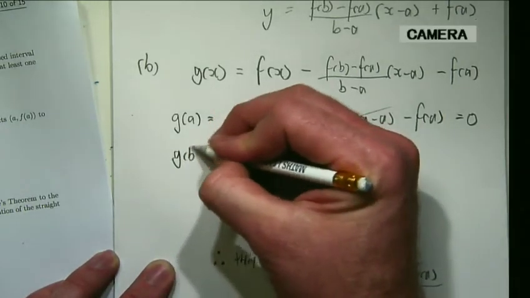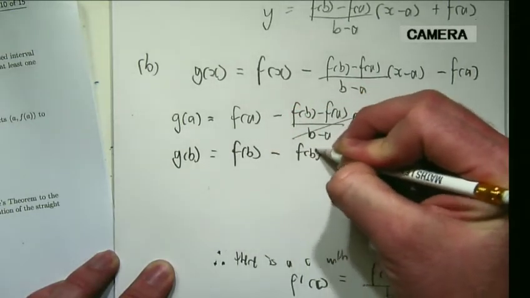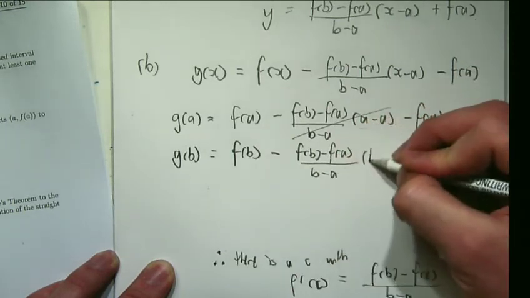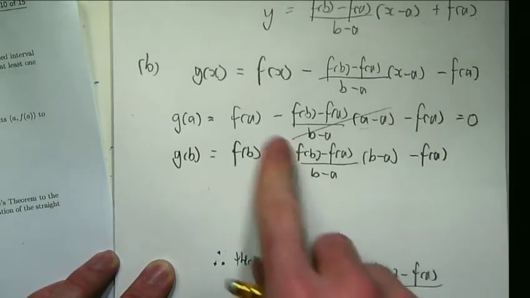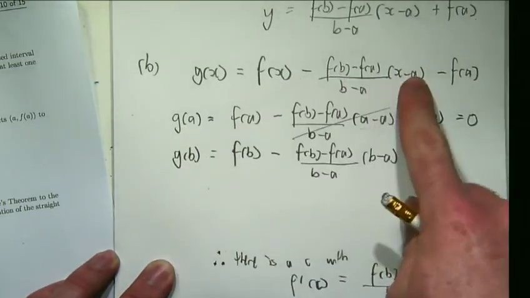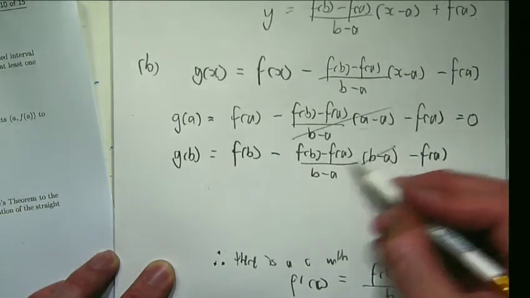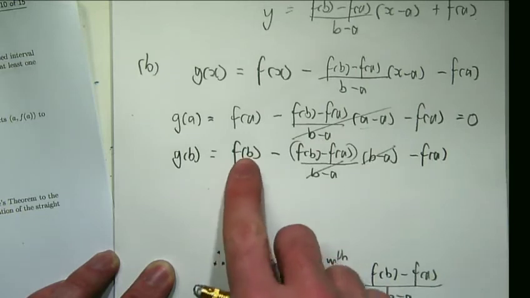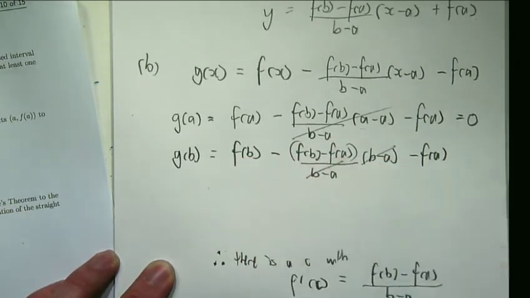And g of b would be f of b... so what I've done is I've subbed in a everywhere there's an x in this formula, and in this one I put in b everywhere there's an x. Now the b minus a terms will cancel each other out. I'll have f of b minus f of b, which is 0, and minus f of a, which is plus f of a, minus f of a, which is 0.